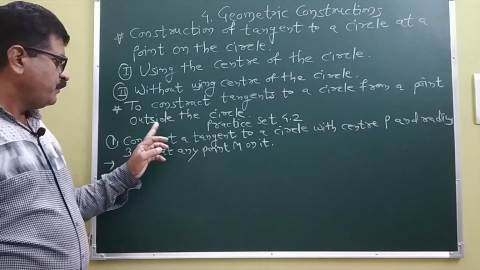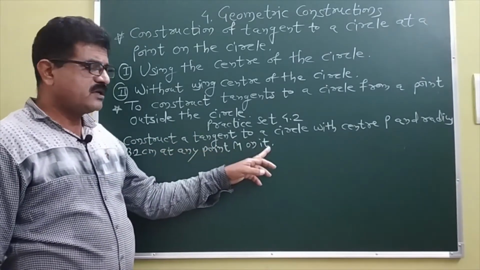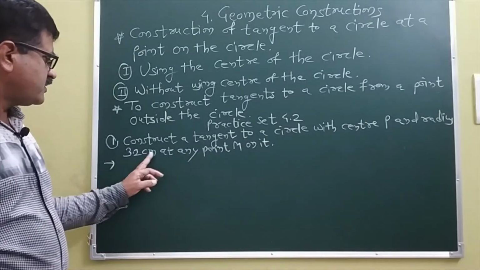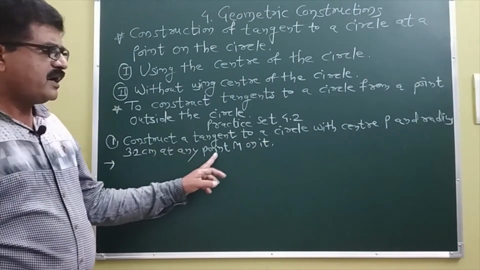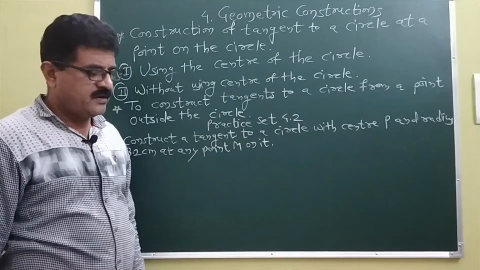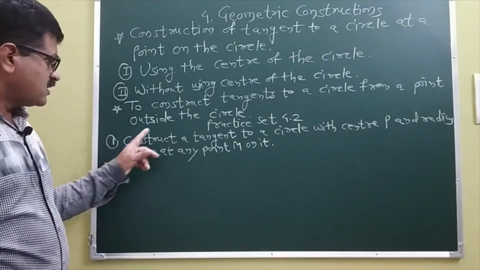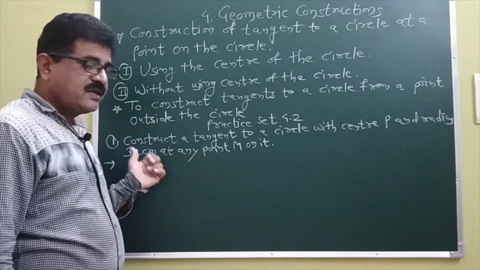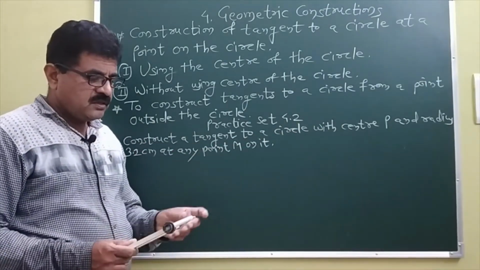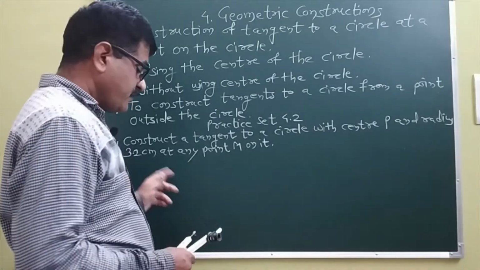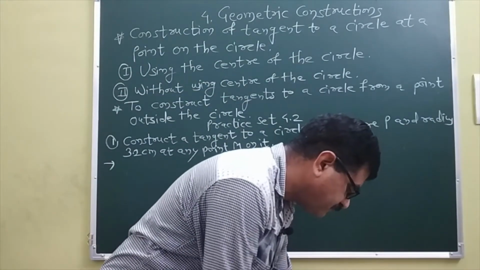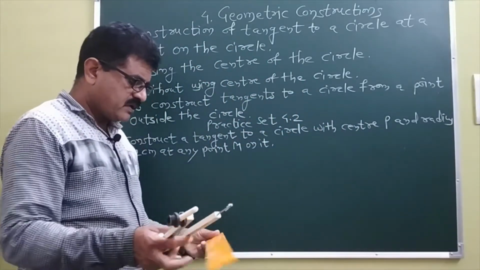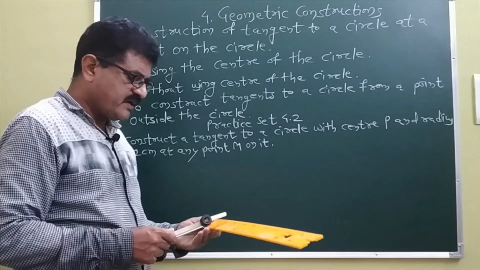First example: construct a tangent to a circle with center P and radius 3.2 cm at any point M on it. First, take a measurement of 3.2 cm on the scale.